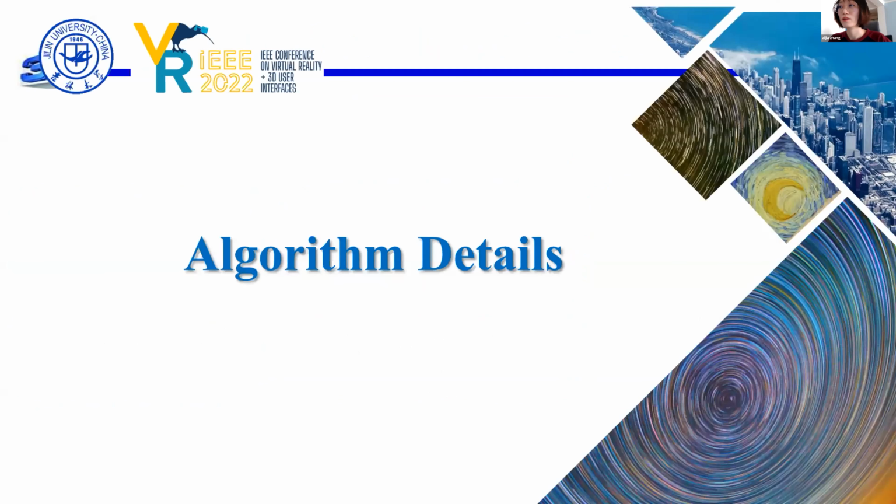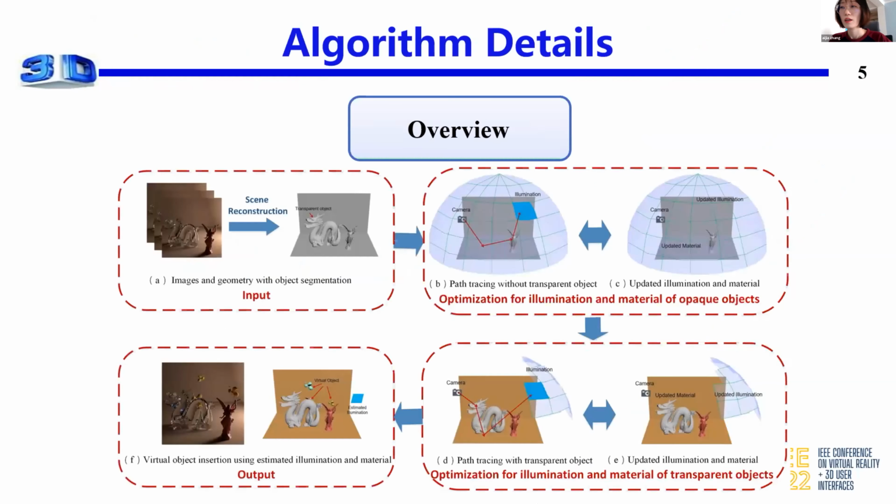Here's the second part. I will talk about algorithm details. Here is an overview of our algorithm. First, the input to the method is multiple video images. The geometric model is reconstructed by an existing method. We design a two-step optimization method. In the first step, inverse path tracing is used to jointly optimize the illumination and the material of opaque objects in the scene.